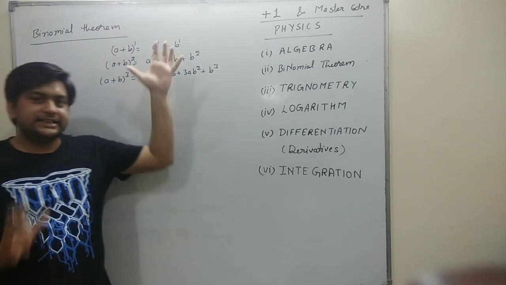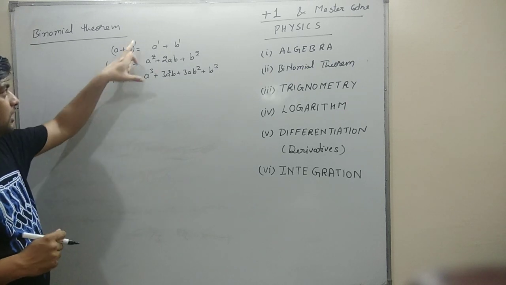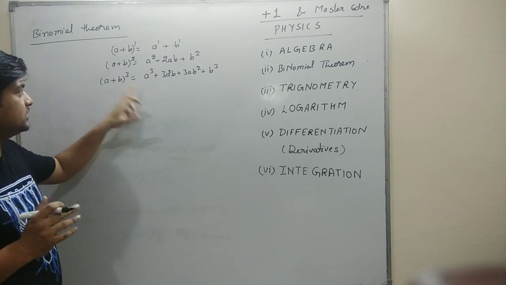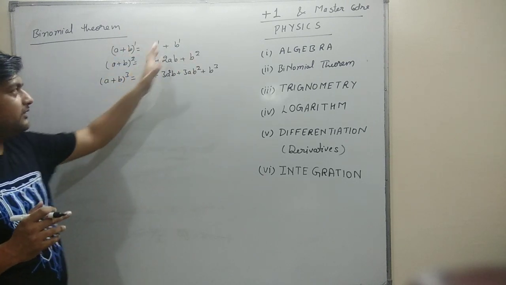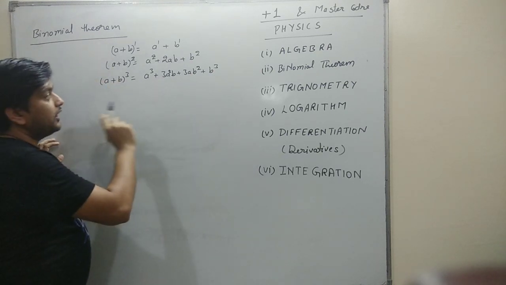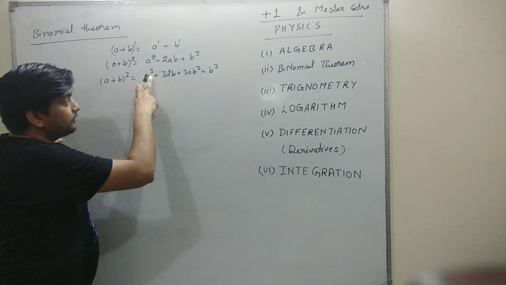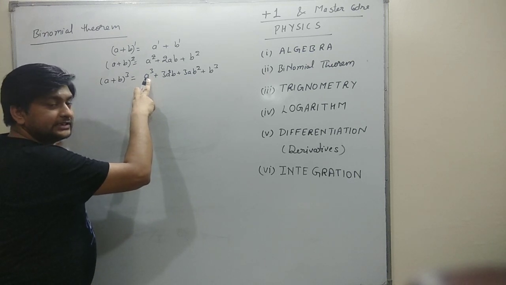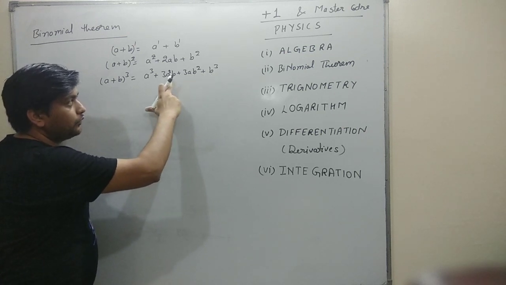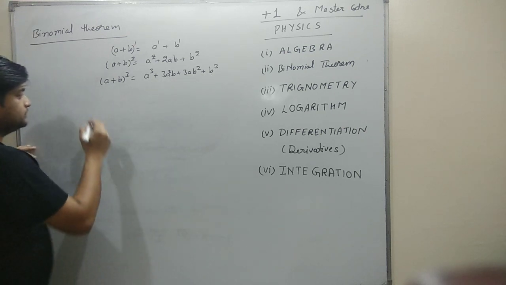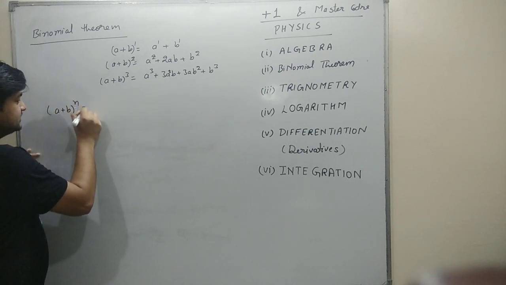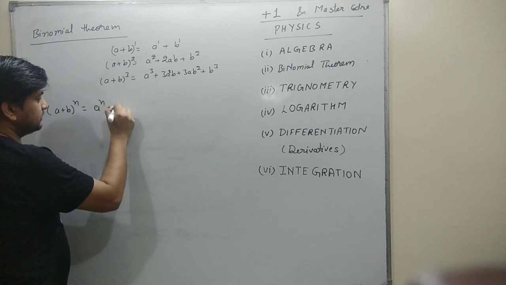So now you can see a trend in this. The maximum power is always the power of the first term, and in the last the maximum power is the power of the last term, that is b. Then the trend: power of a is 3, 2, 1, 0. Power of b is 3, 2, 1, 0. So in the same way, I can write it as a raised to power n.